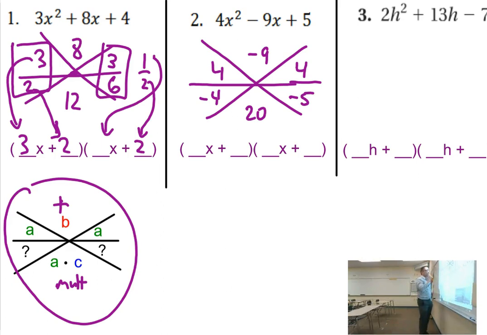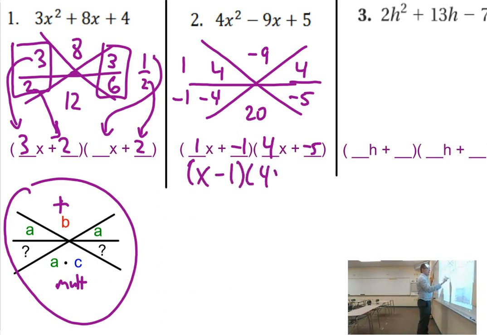Yep. Okay, so then I try reducing. I can divide both of these by 4, so I'd have 1 over negative 1, and over there does not reduce. So the coefficient of x is just 1, and then I would do 1x minus 1. Over here I have 4x plus negative 5. You'd probably just write that as x minus 1, and then 4x minus 5.